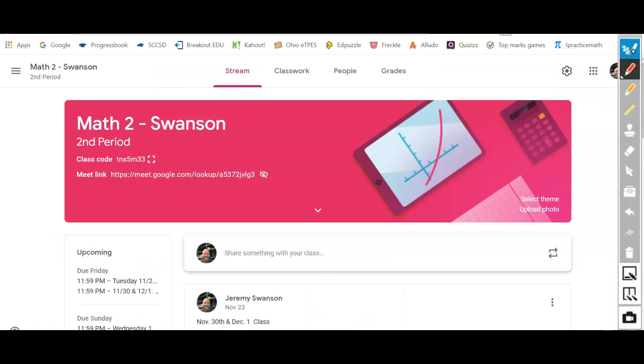Next one then will be combining like terms. Let's say you've got 3n plus 7 minus n minus 5.